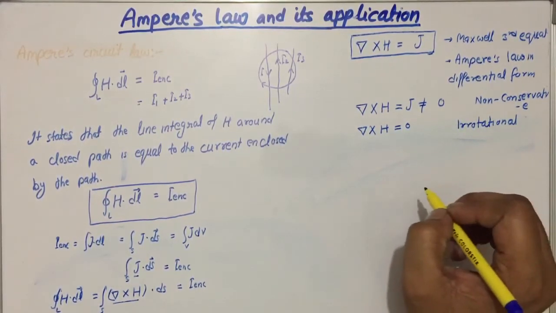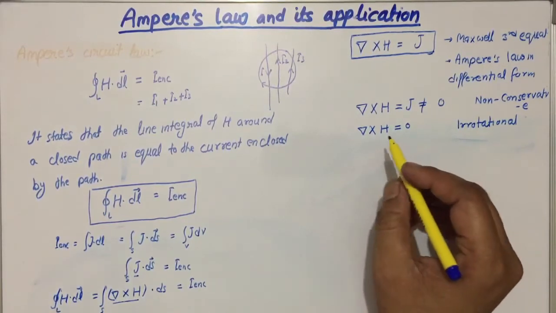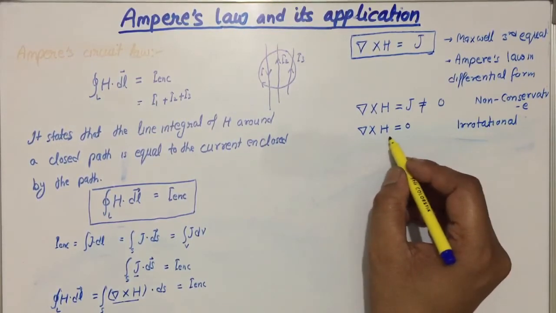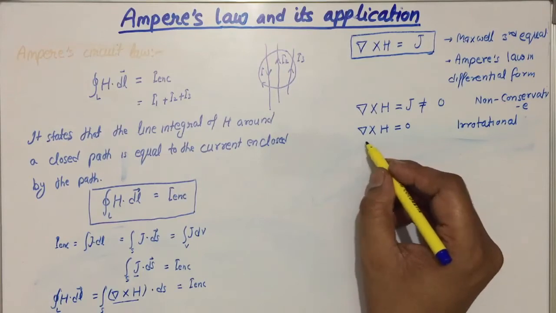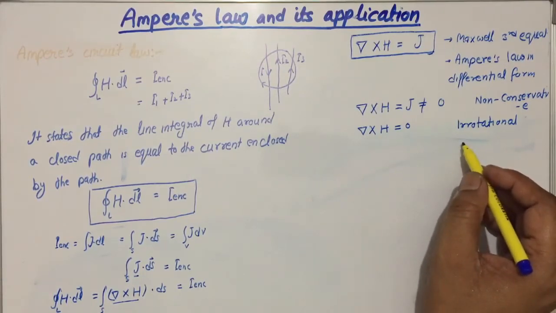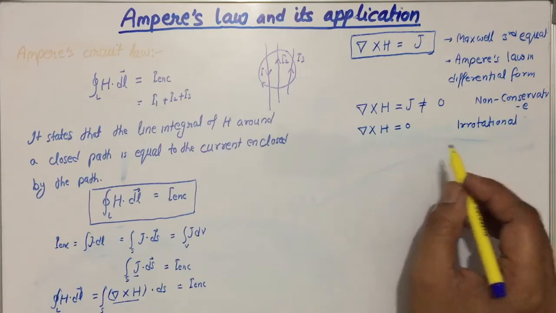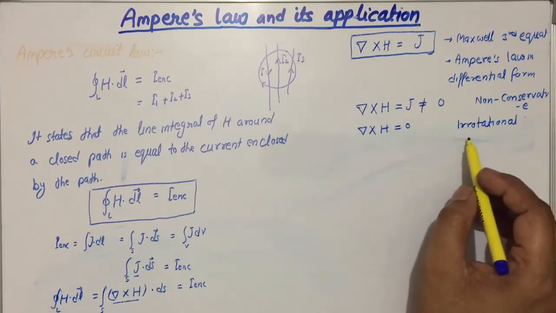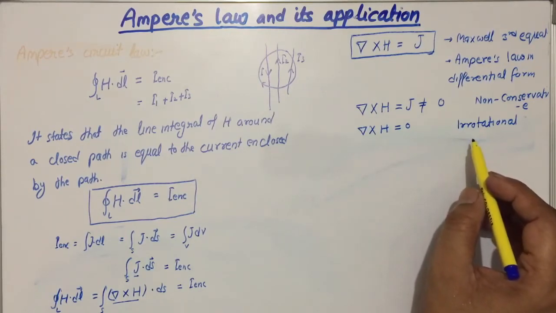Relate this with unit 1. This was named as curl, and if curl is 0, it means the rotational nature of the field is not there. So that is why it is termed as irrotational.